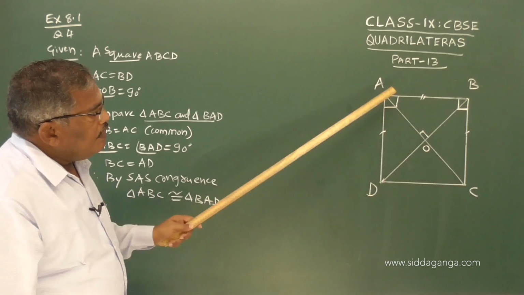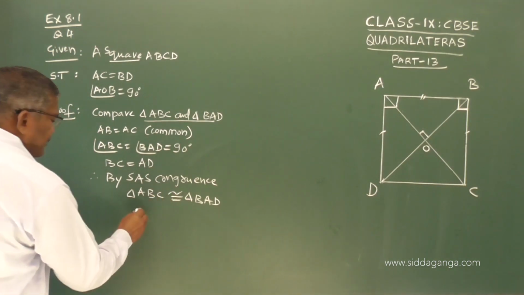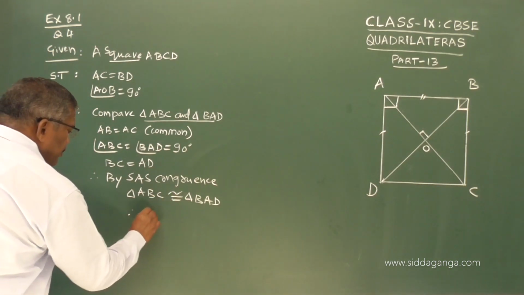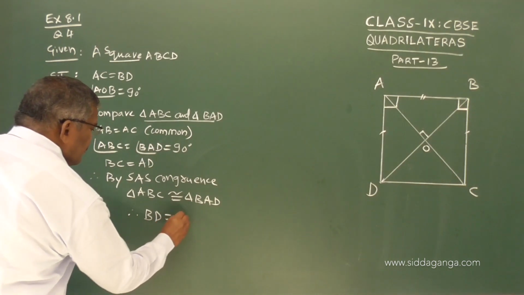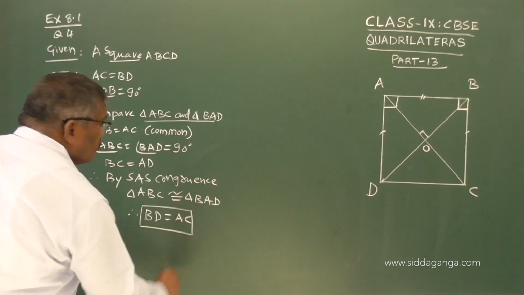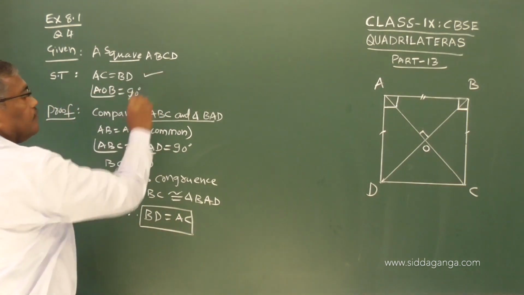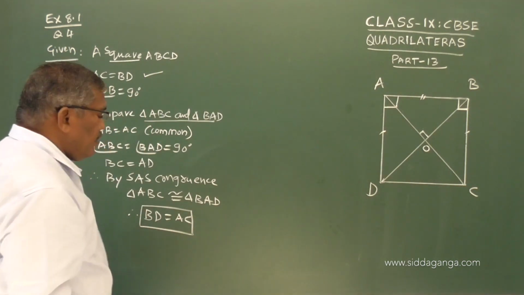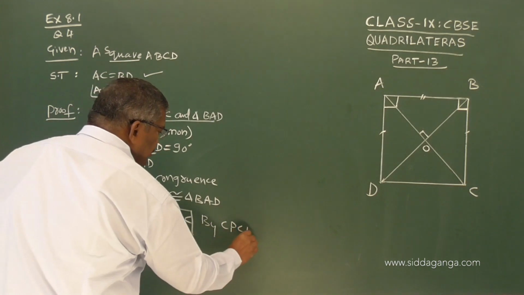So, therefore, BD is equal to AC by CPCT. BD equals AC. So, that means this is proved. The two diagonals are equal by CPCT.